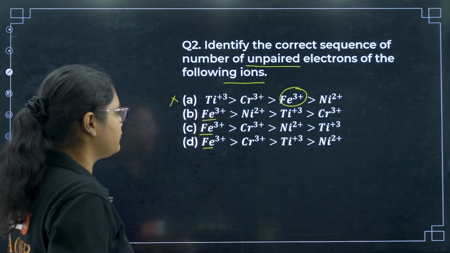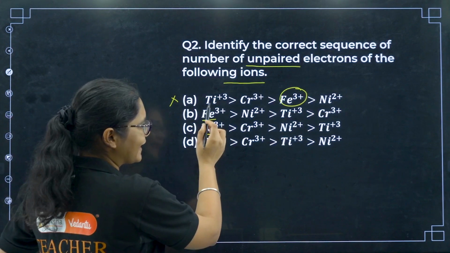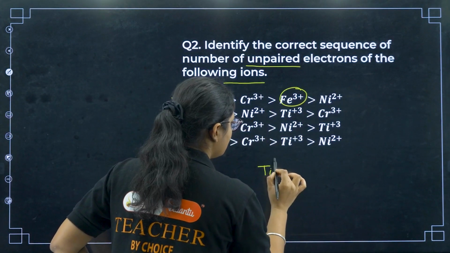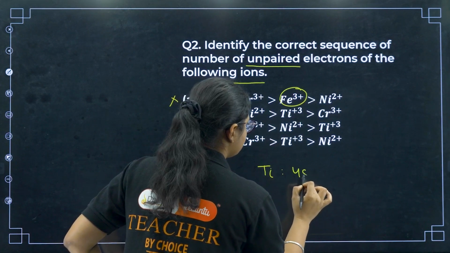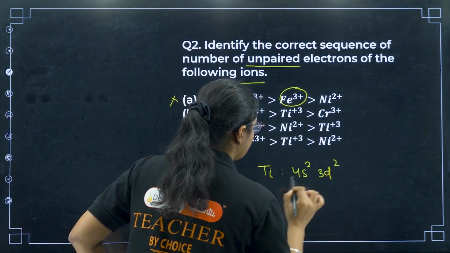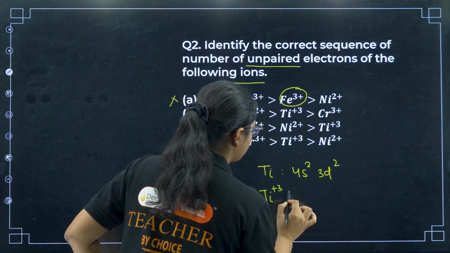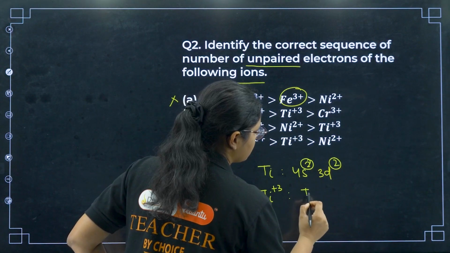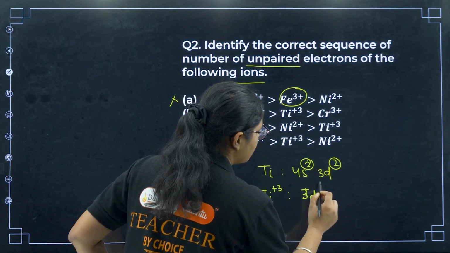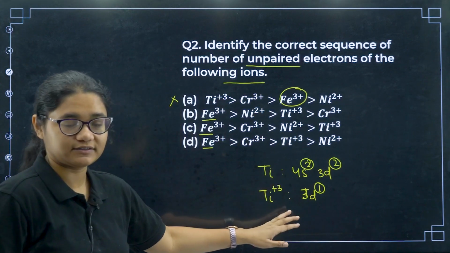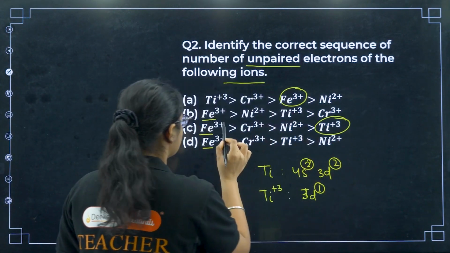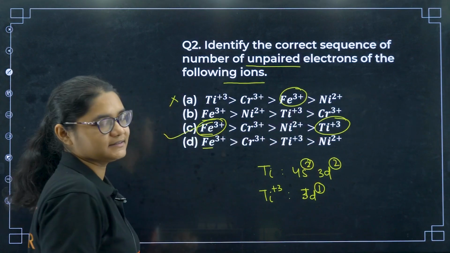Now titanium is 4s2 3d2. Titanium 3+ means 3 electrons will be lost, so 2 electrons are lost here and 1 electron is lost here, so I will have 3d1. It will have 1 unpaired electron, so this is the lowest possible. I have titanium 3+ lowest and Fe3+ highest, so option C is the correct answer.